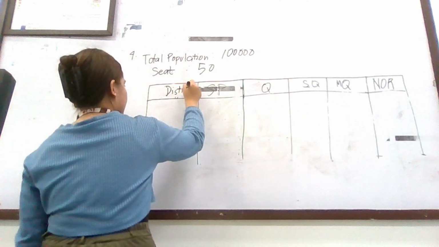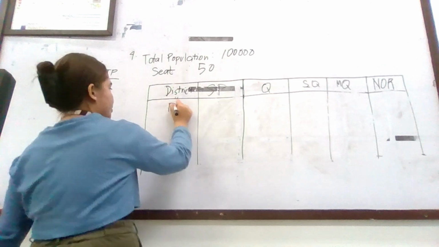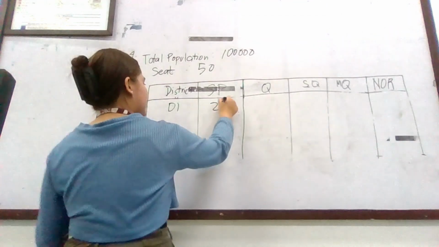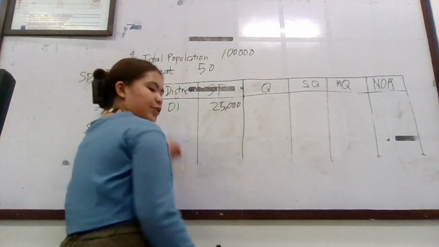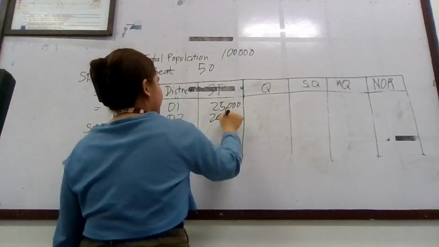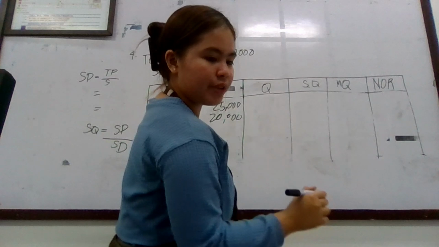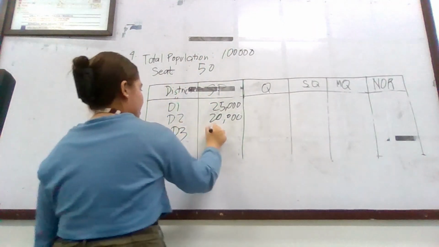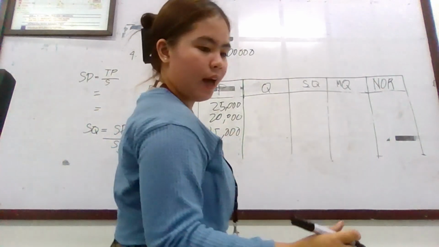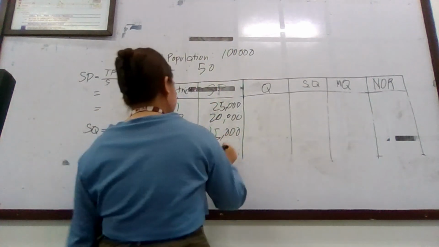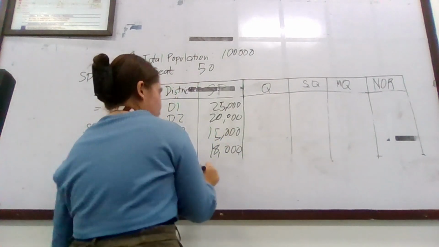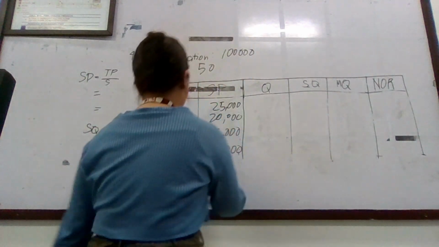In district 1, the population is 25,000. In district 2, we have 20,000. In district 3, we have 15,000. In district 4, we have 18,000. And district 5, we have 22,000.